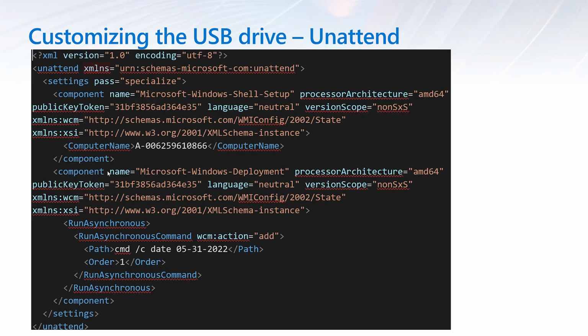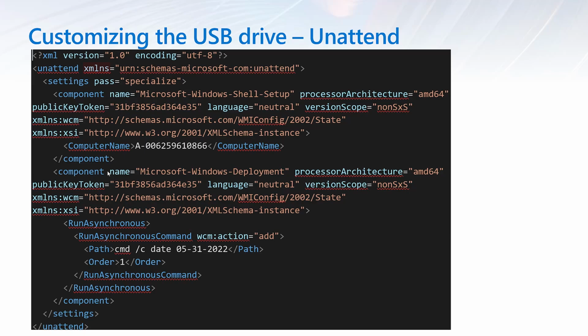Now, if you want to customize the unattend to include more than the device name, then you can also add in the different components that you want to include in your unattend. In this case, we are including a component of Microsoft Windows deployment, and underneath that, there is a run asynchronous element that we have created.